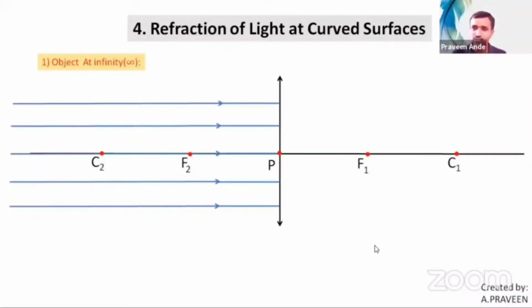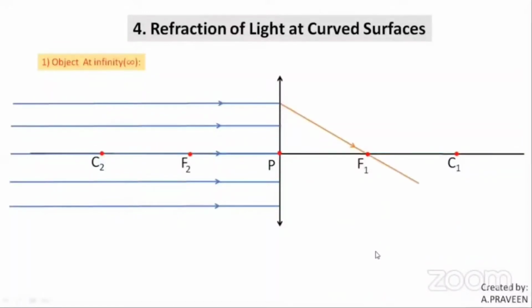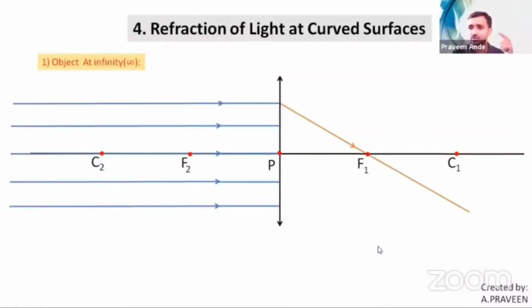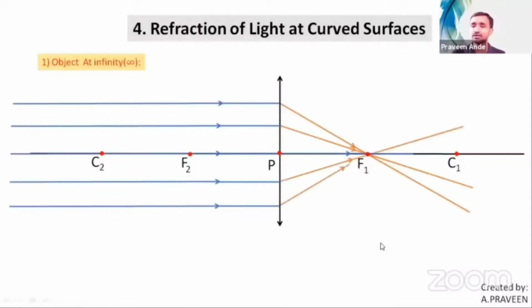They are going to converge at a point: a ray parallel to the principal axis passes through the focus after refraction if you use a double convex lens. Which lens is used here? Double convex lens. So all the rays are going to meet each other at a common point called the focus here. Complete drawing all the rays using your scale.